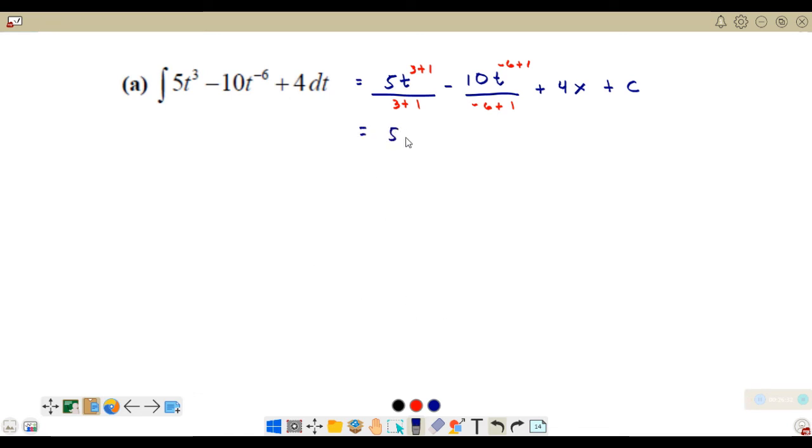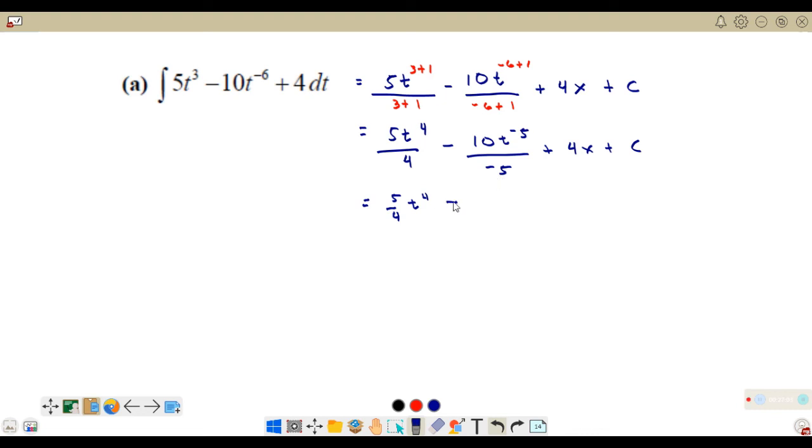Now, let's simplify. We have now 5t to the 4th power over 4 minus 10t raised to the negative 5 over negative 5 plus 4x plus c. Simplify pa natin ulit. So, this is going to be 5 over 4 t raised to the power of 4 minus 10 over negative 5.